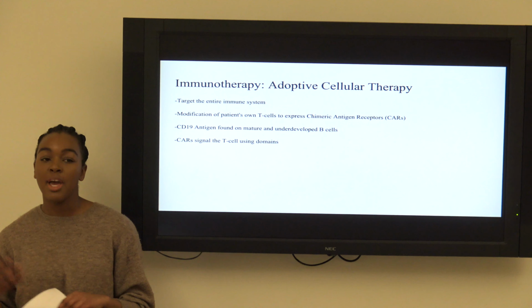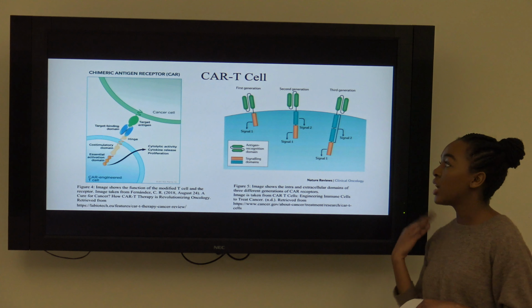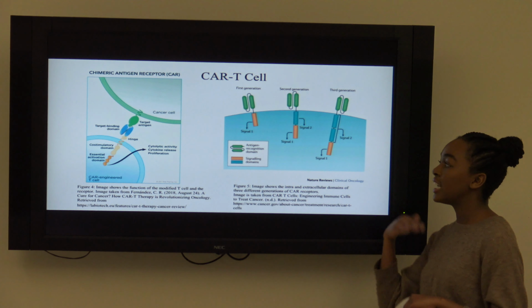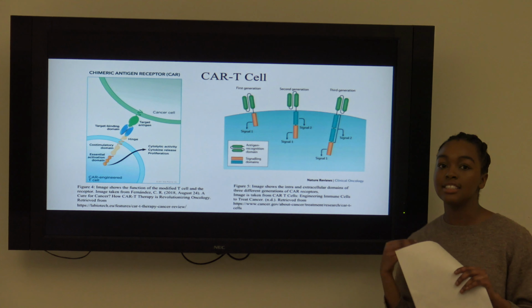Once it binds onto the antigen, it's going to send a signal down to the T cell. These are called domains, which are synthetic engineered antibodies. So there's going to be a receptor, a domain on top of the T cell, an extracellular domain, and then an intracellular domain inside the T cell.